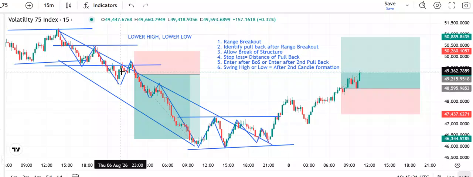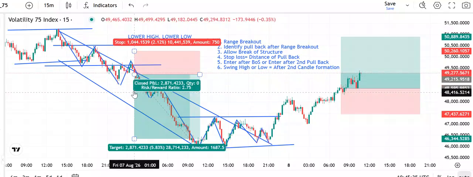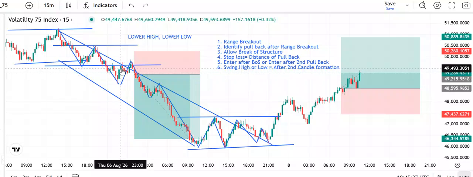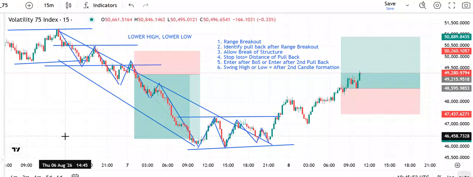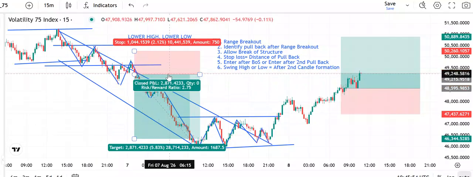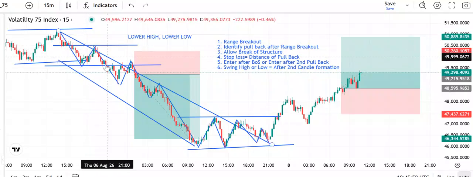But if you just have one candle and price continues, that's not taken as a pullback. It's taken as more like a base. But if it forms a second candle and attempts to continue to go up, that second candle, if price drops from that second candle, and then you have 1, 2, that's your pullback. Okay, so that's that. But this is the range, and this is the range breakout, and price started to trend.